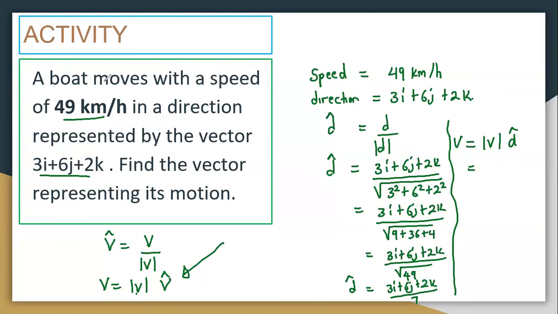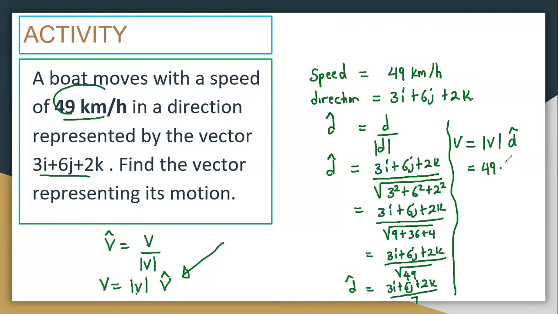Which direction is the boat taking? That is the meaning of a unit direction vector. It gives you the direction a particular object is taking. So in order for us to find it in velocity form, get the magnitude and multiply it times the direction vector. So for this case, the magnitude is 49.